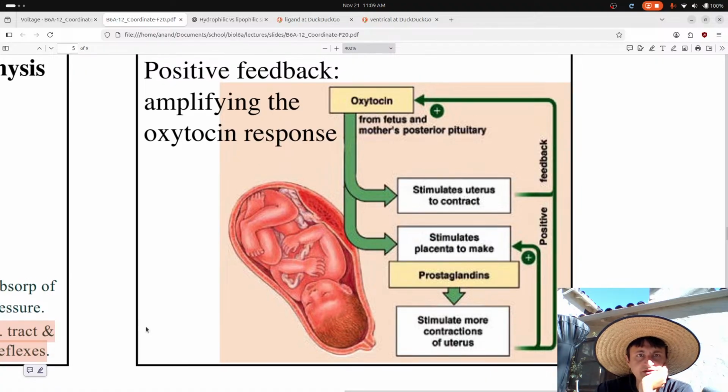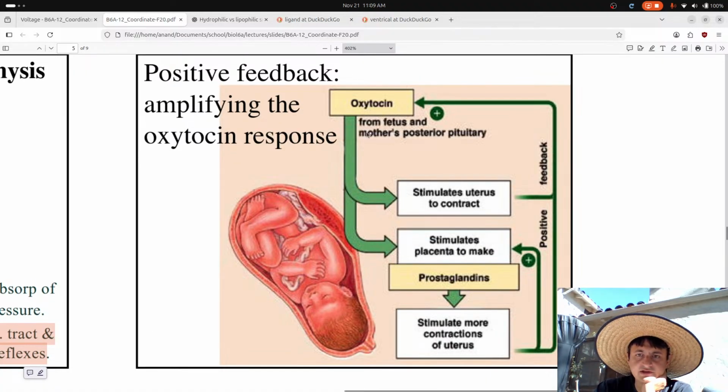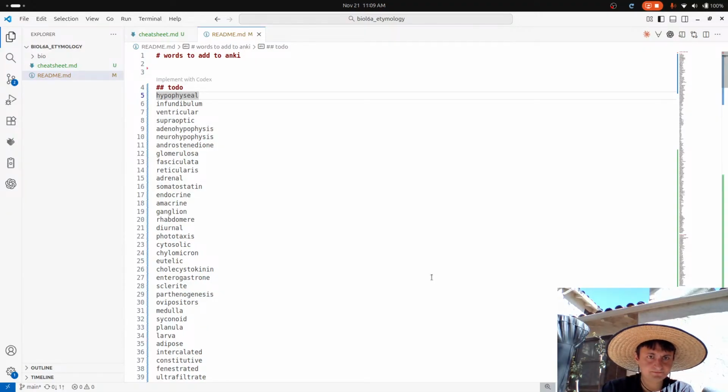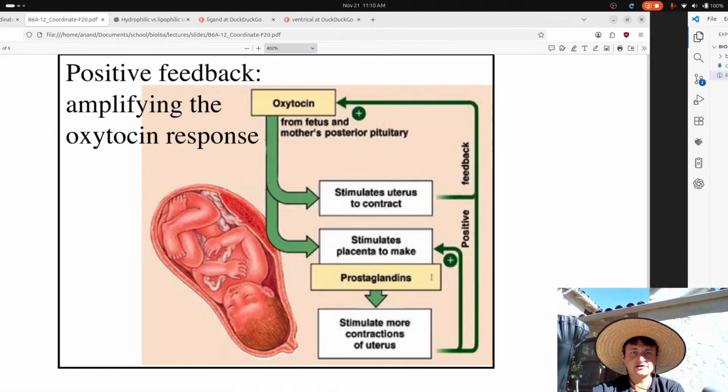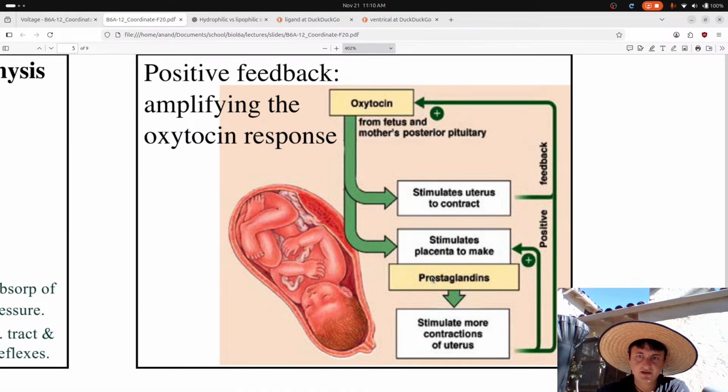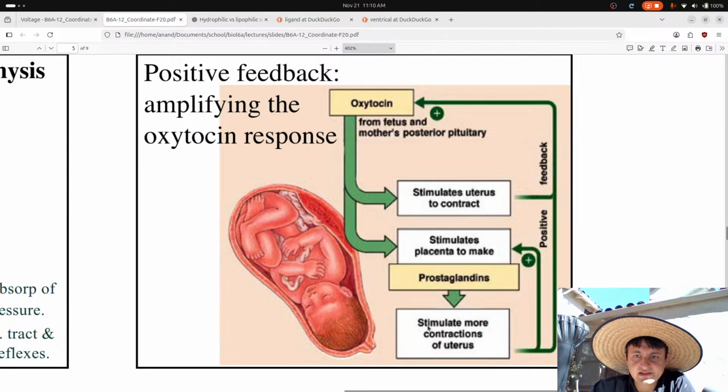Okay, so we have a positive feedback. Oh yeah, we've seen this before. Oxytocin stimulates the uterus to contract, which stimulates even more oxytocin. Oh, here we go again with this prostaglandin. If it's on the slides twice, you can pretty much assume that he wants you to know it. Stimulate more contractions of uterus. So you actually have two feedback loops.